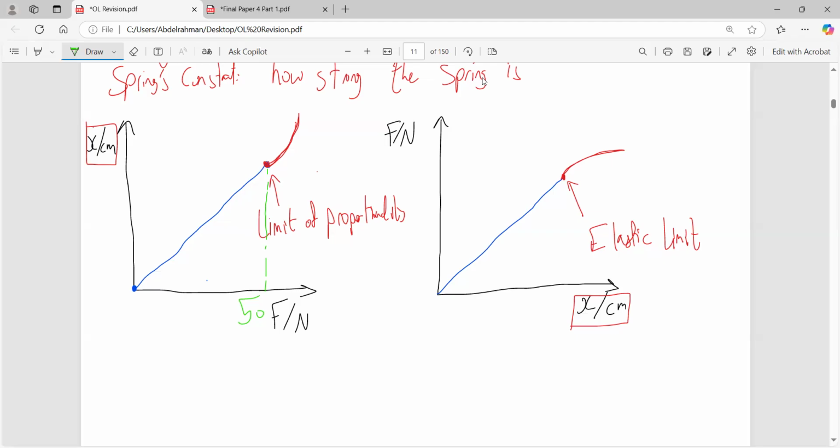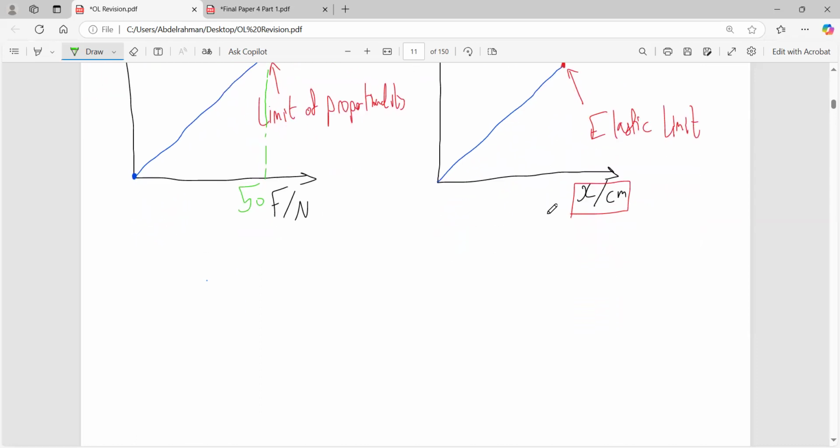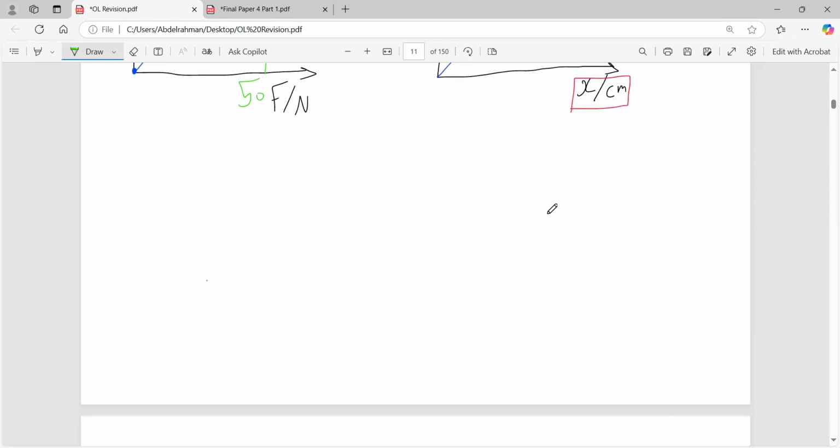What else? Guys, there's a very special case if you have two springs. They could either be in parallel or in series.